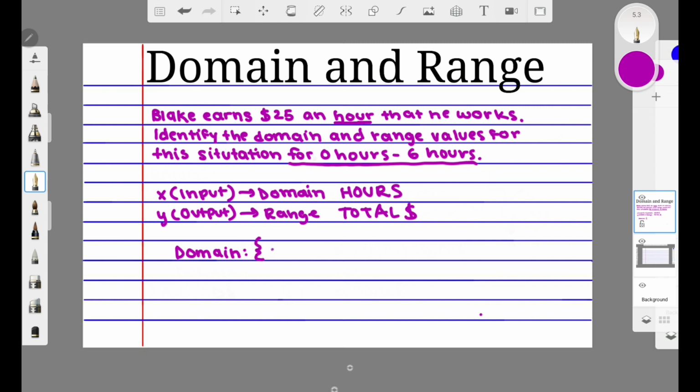All right, so our domain starts at 0, 1, 2, 3, 4, 5, and 6. All right, and now for our range values, we actually have to write an equation and plug in all of the domain values and see what we get.